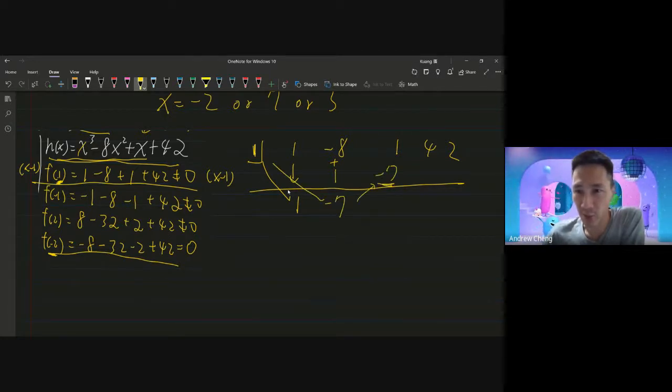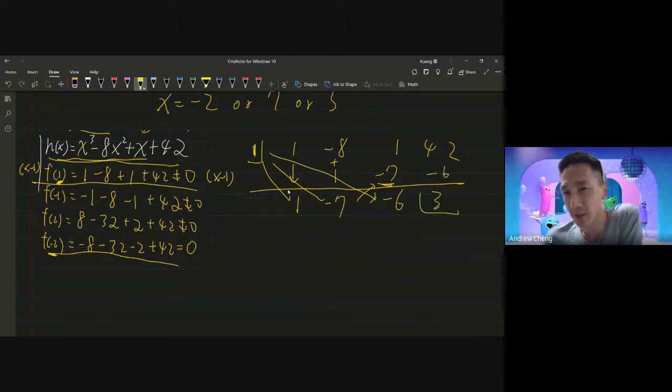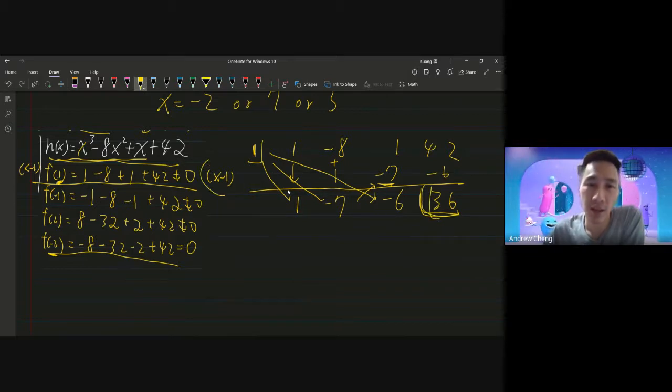Negative 7 plus 1 is negative 6. And then negative 6 times 1, you got negative 6 here. And then you got the remainder 36. It has a remainder, so it means 1 is not a 0 of this function, and x minus 1 is not a factor of this function.